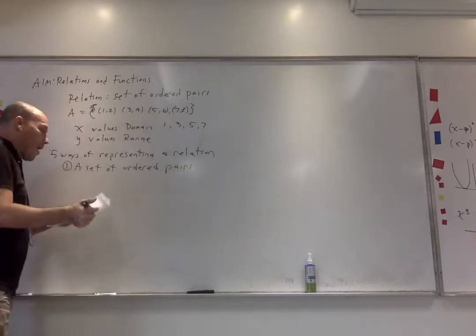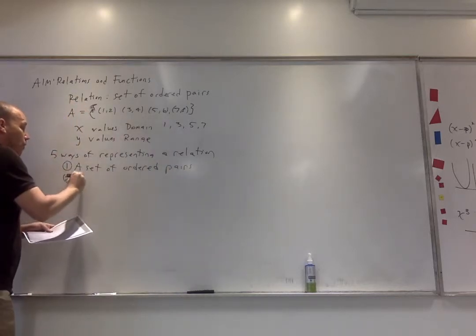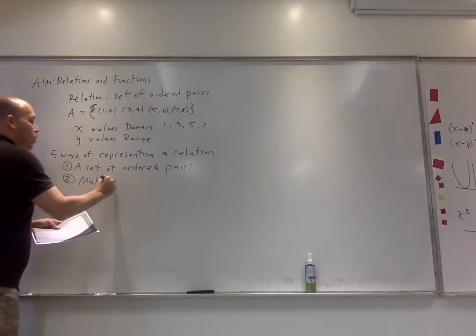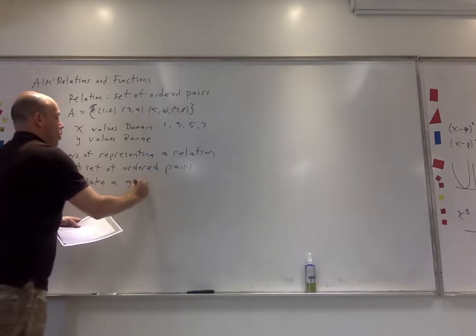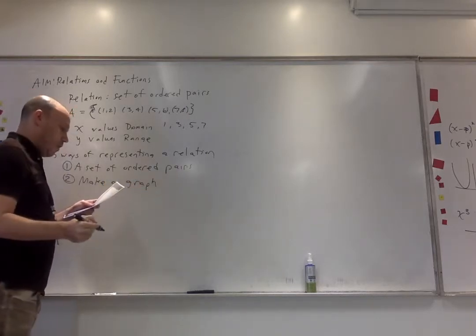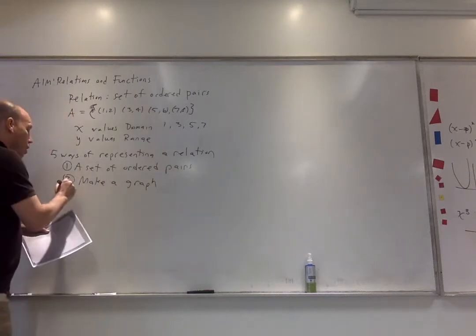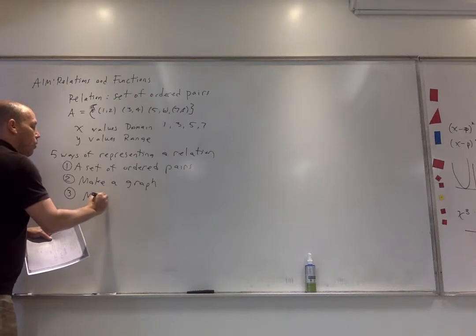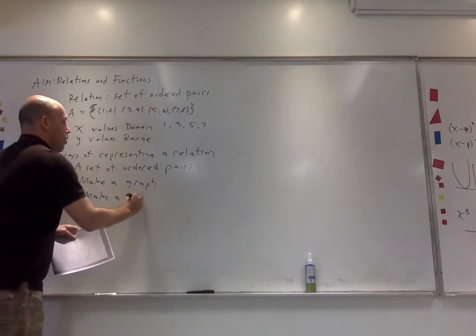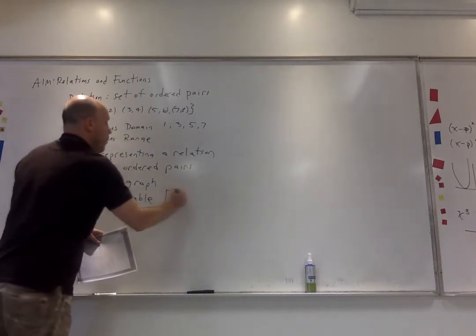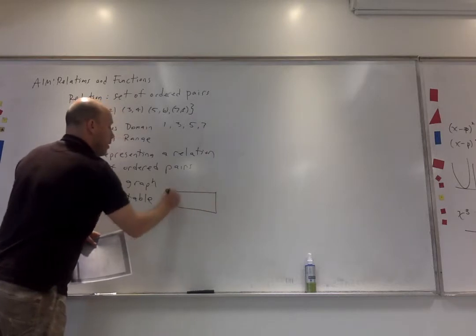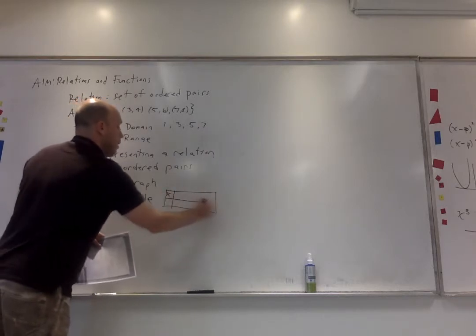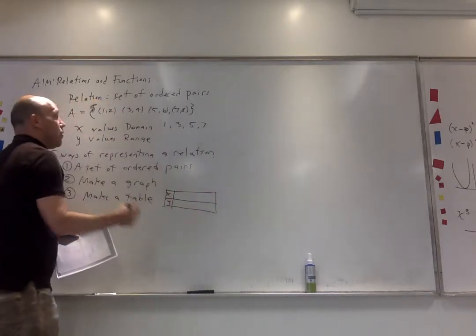The second way is you make a graph. The third way is you make a table. So for example, here's our table. Here's my x values. Here's my y values.